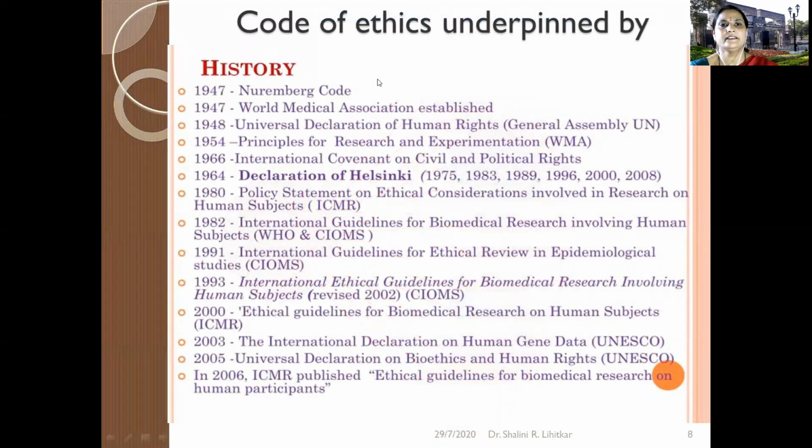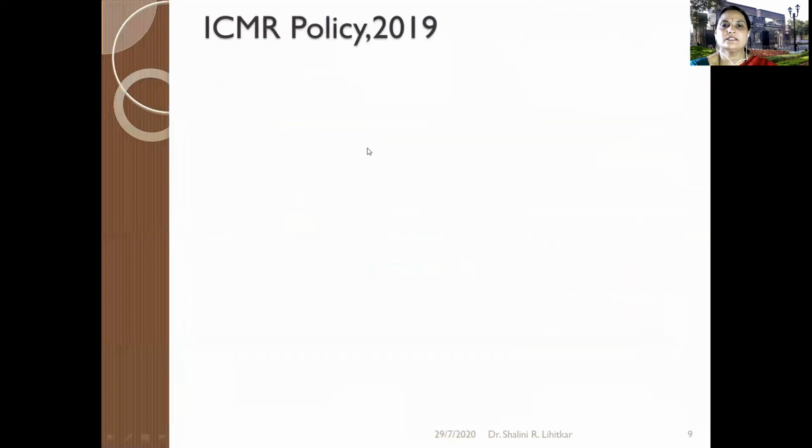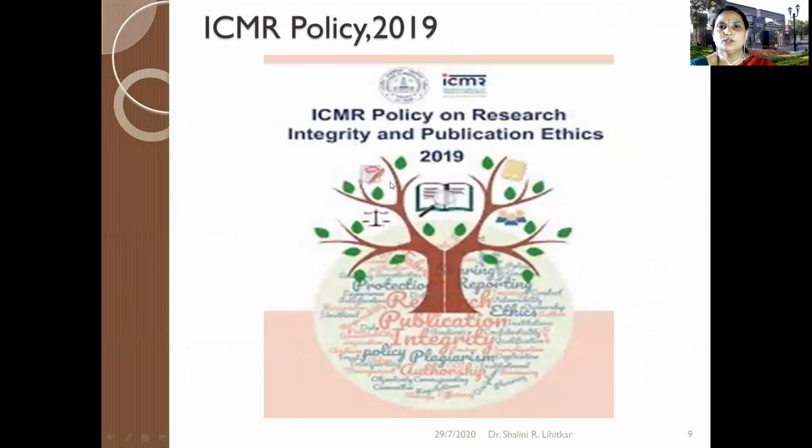This is the slide regarding the codes of ethics, which is underpinned by various associations, various universities, and various professional bodies. Even in India, ICMR has published some guidelines, that is, ethical guidelines for biomedical research and human participation. The ICMR policy on research integrity and publication ethics was developed in 2019.